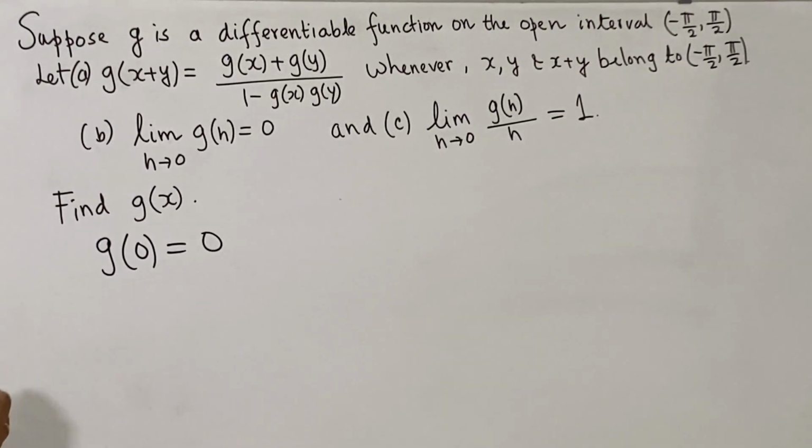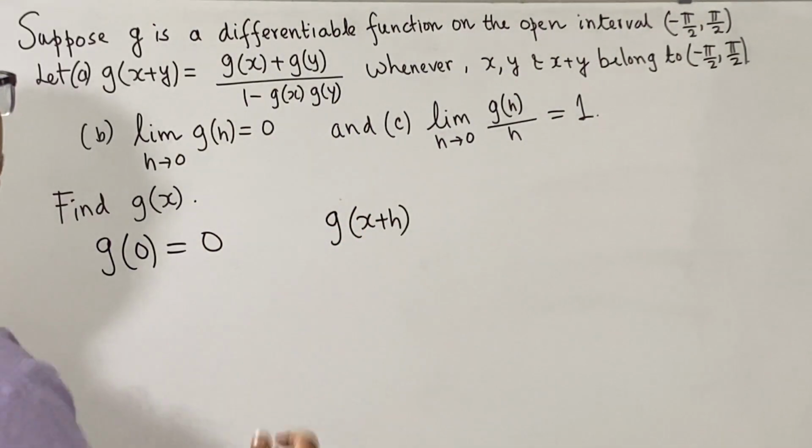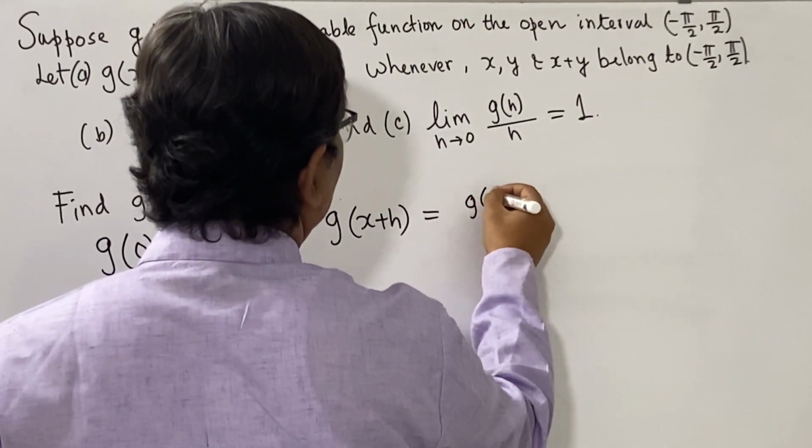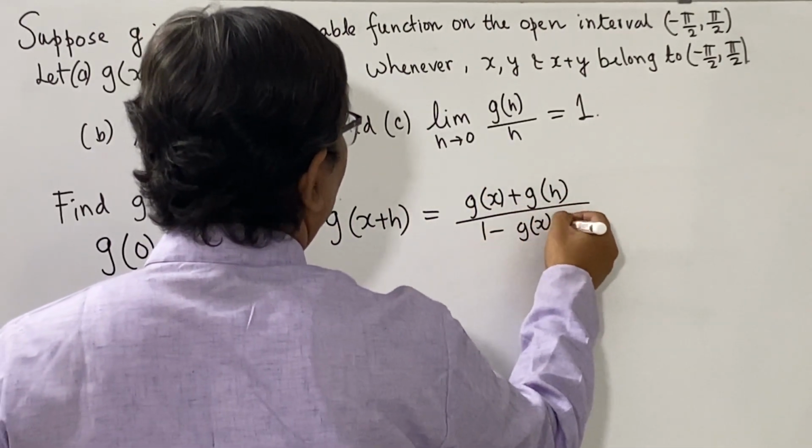Now that we have shown that g0 has to be 0, let us try to see what is the derivative of gx. Now, g of x plus h is equal to, by the given relation, gx plus gh divided by 1 minus gx into gh.